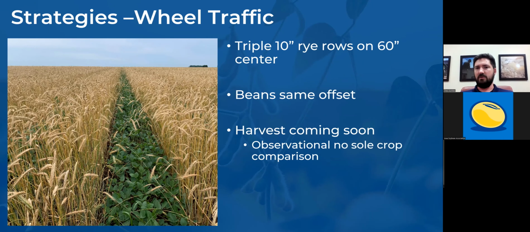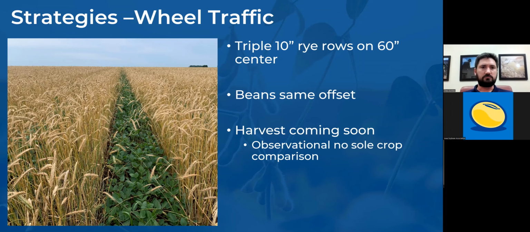And the thought is that when you have that band of beans, they're going to grow off into that rye space once they get a chance. So they'll try and fill that canopy, and we'll see how it goes. Data coming soon.